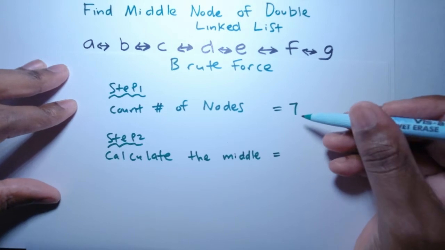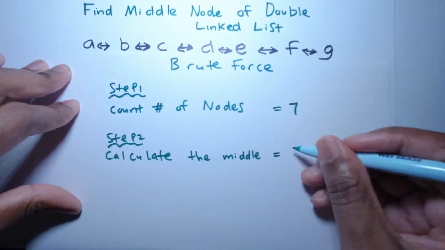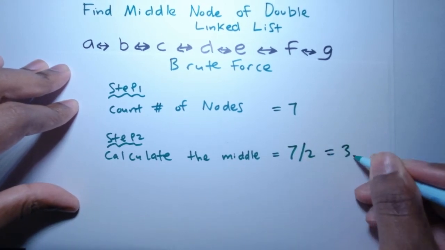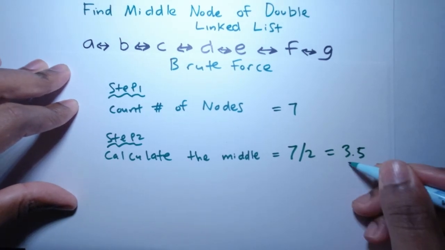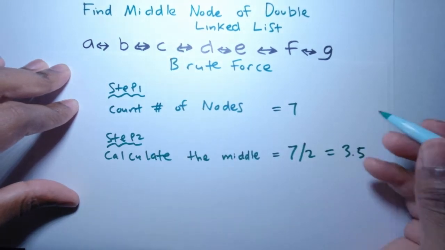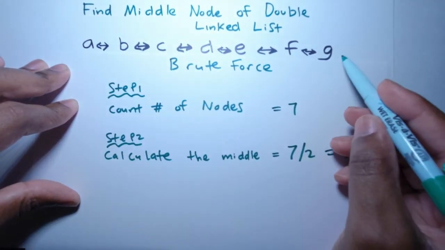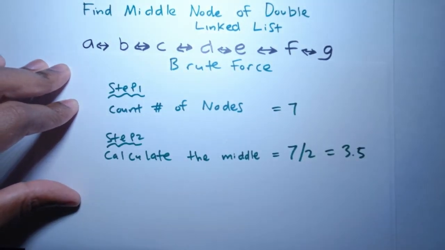We take the number from step 1, and we simply divide this by 2. So we get 7 divided by 2. This is going to give us 3.5. Now, the first thing that you may notice is that 3.5 is not an integer, right? It doesn't fit here. We have 1, 2, 3, 4, and all the way to 7. So 3.5 is somewhere between 3 and 4.